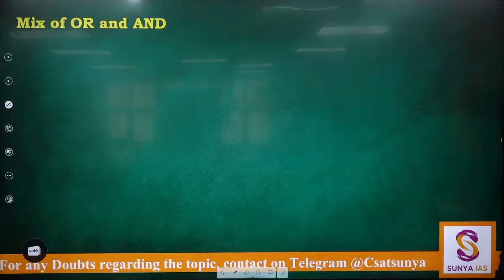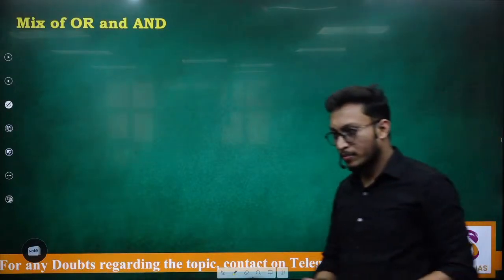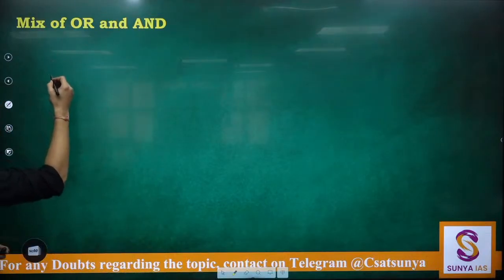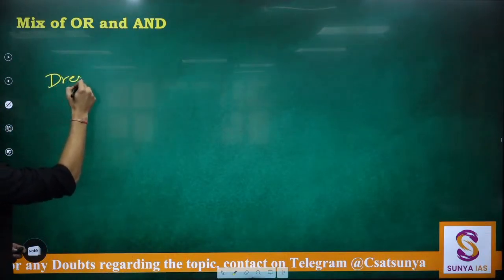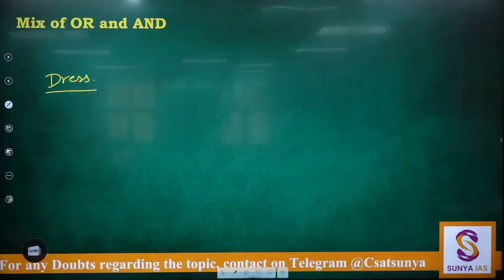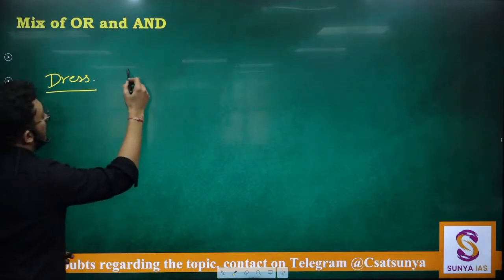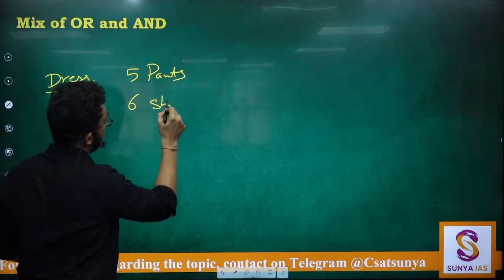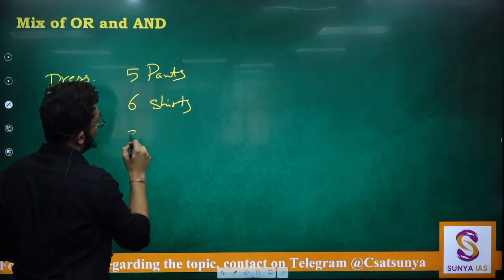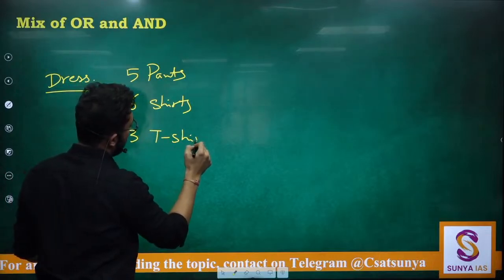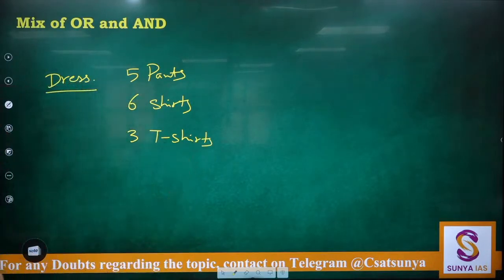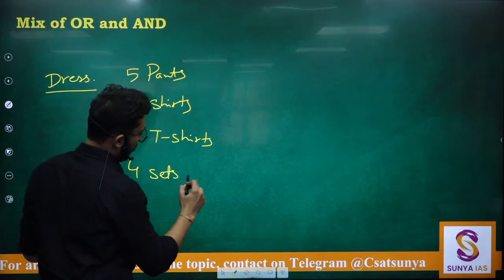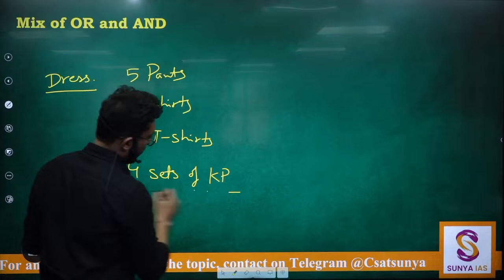Now let's mix both the and and or concepts. Let's say I need to dress again. I have 5 pants, 6 shirts, 3 t-shirts and 4 sets of kurta pajama.